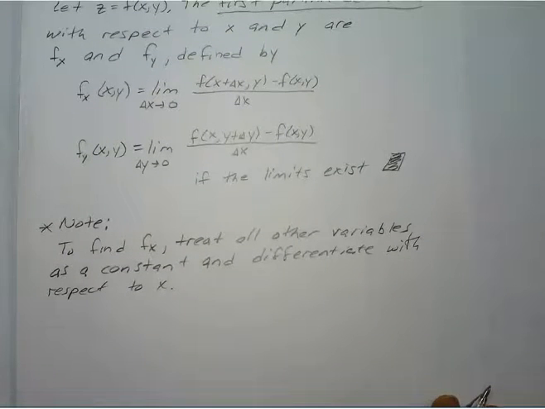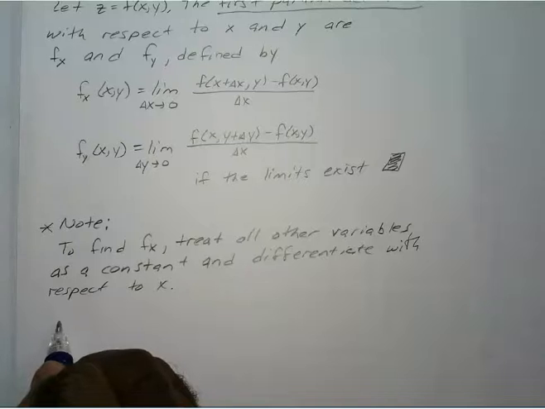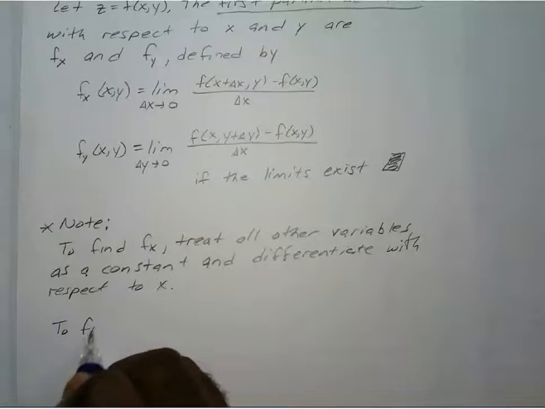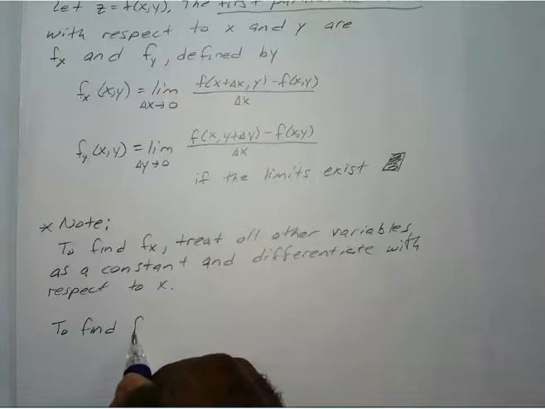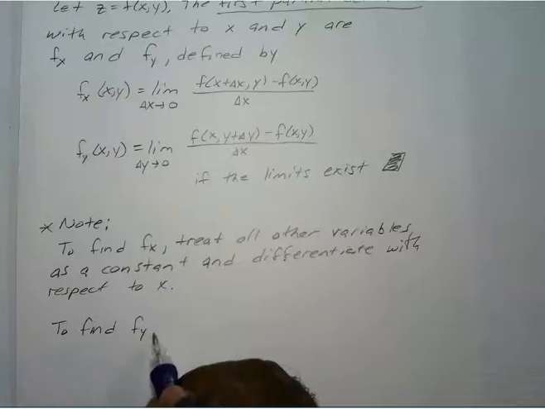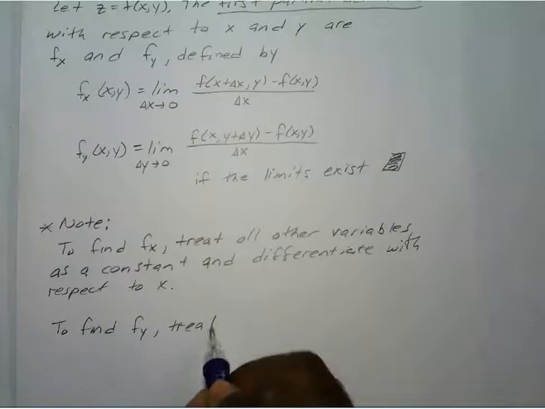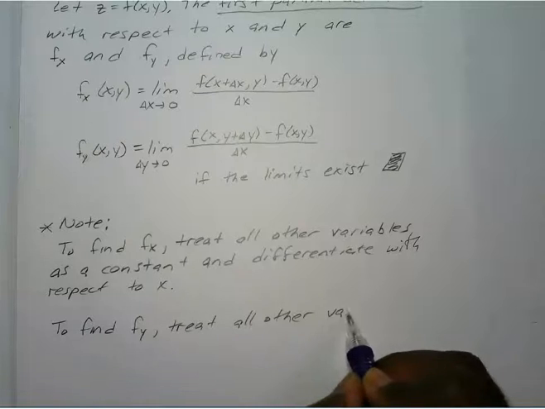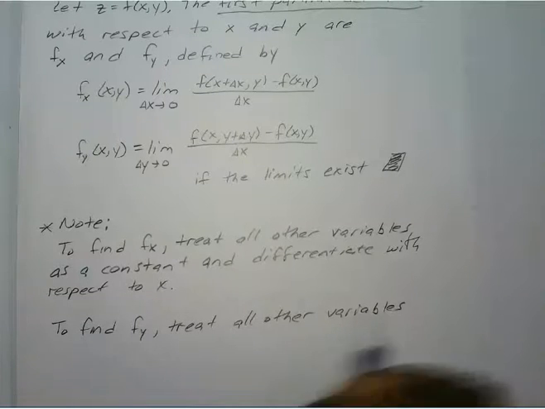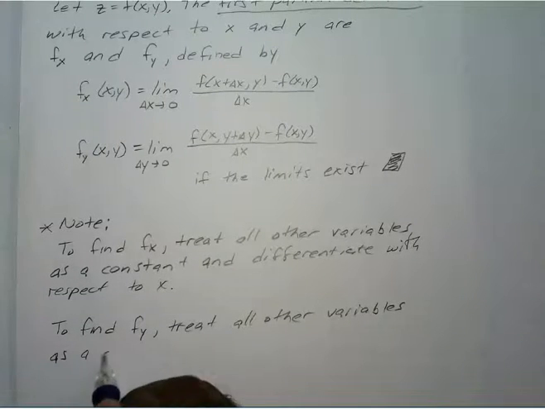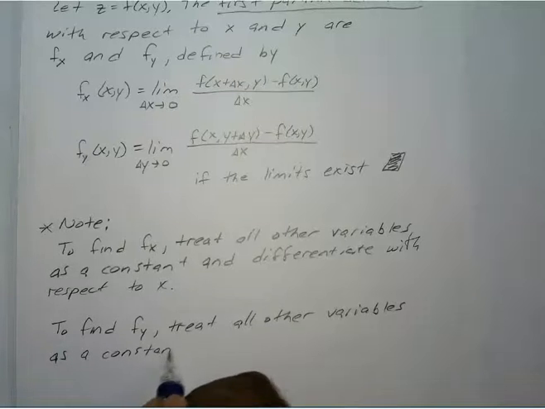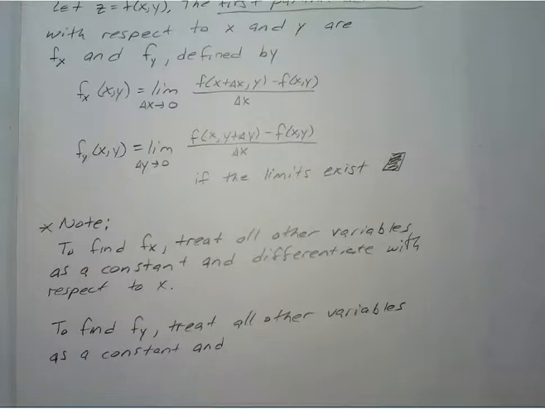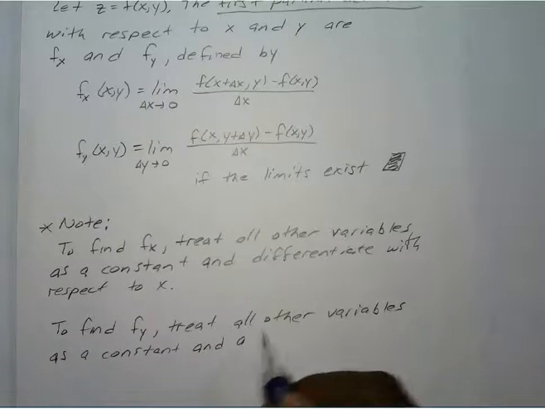Okay. And same thing for the partial with respect to y. To find your partial with respect to y, you would treat all other variables as a constant and differentiate with respect to y.